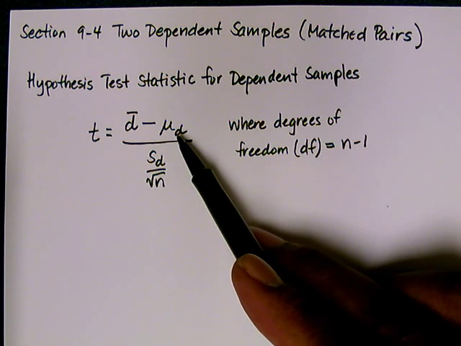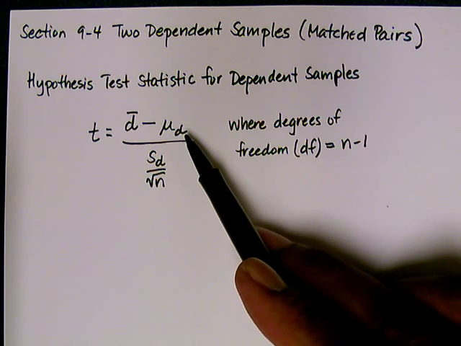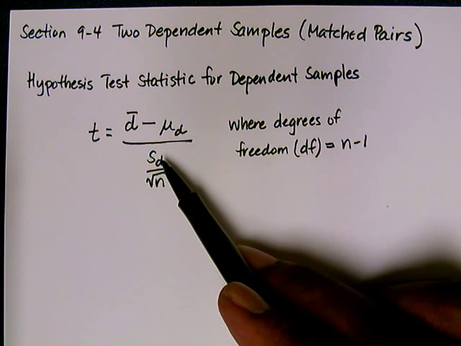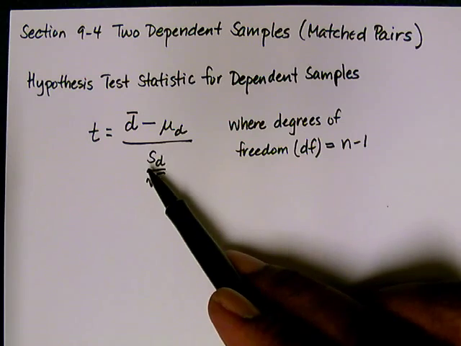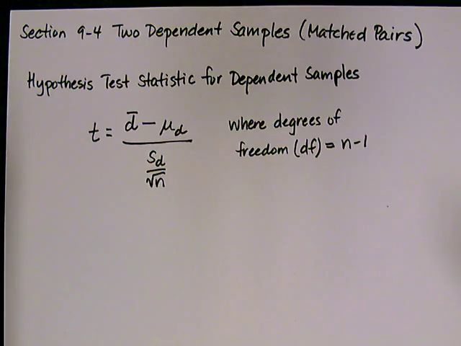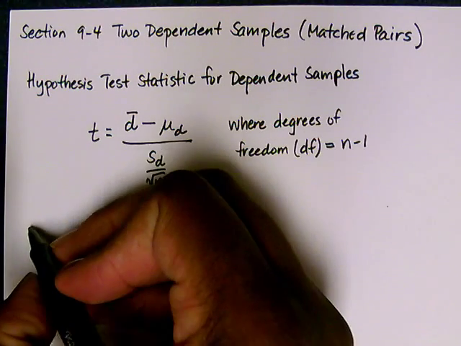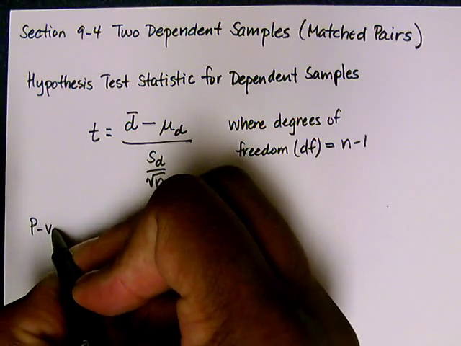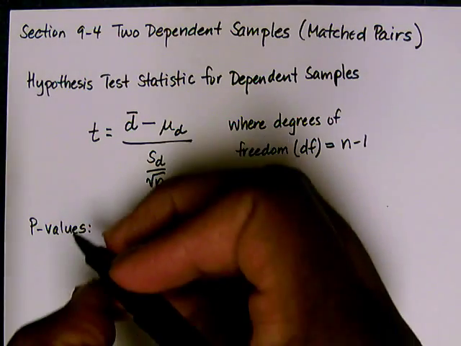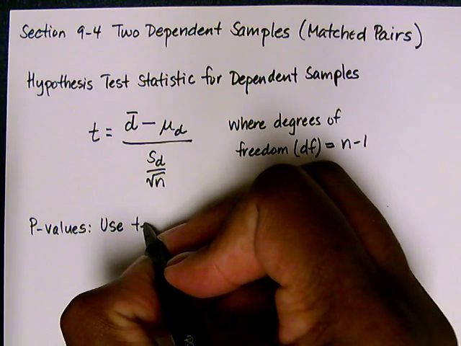Mu sub d is the population mean of all the differences. s sub d is the standard deviation of the individual differences in that particular sample, and n is the number of paired data. Okay. Now, most likely you'll be using a p-value approach. For the p-values, I would prefer using technology.